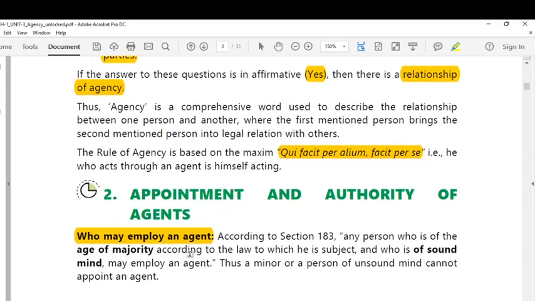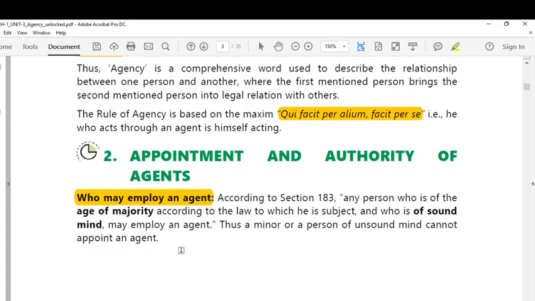And when it comes to the appointment of an agent, who may employ an agent? Can all people employ an agent? No. For employing an agent, a person should have certain qualifications. He should not be of unsound mind and he should not be a minor.